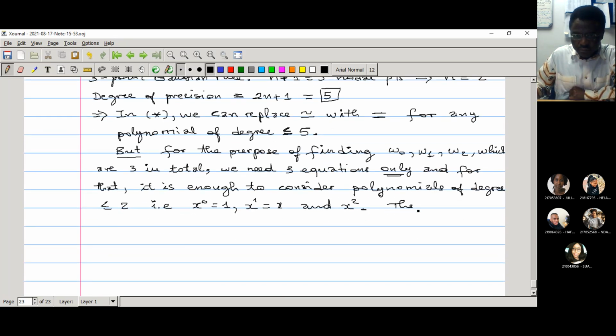So we can take f of x equal to that polynomial, because when you say equal, it means that we replace f of x with the polynomial.